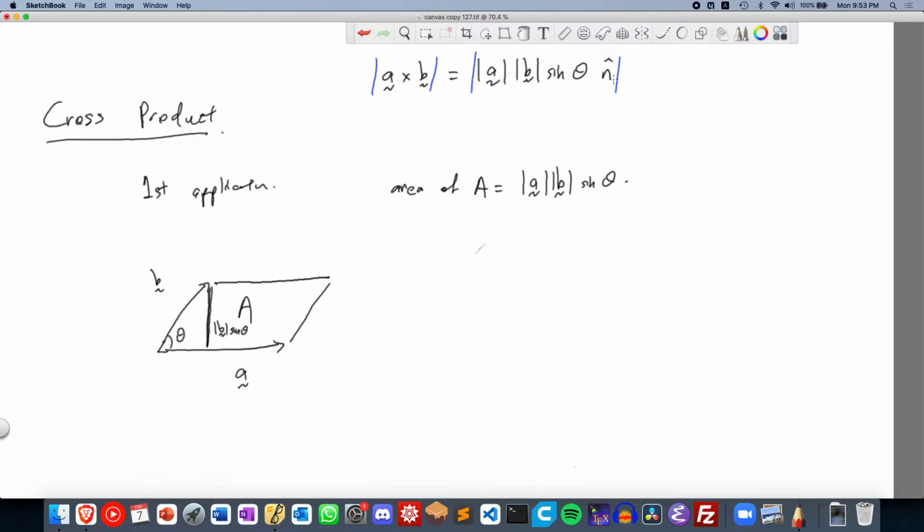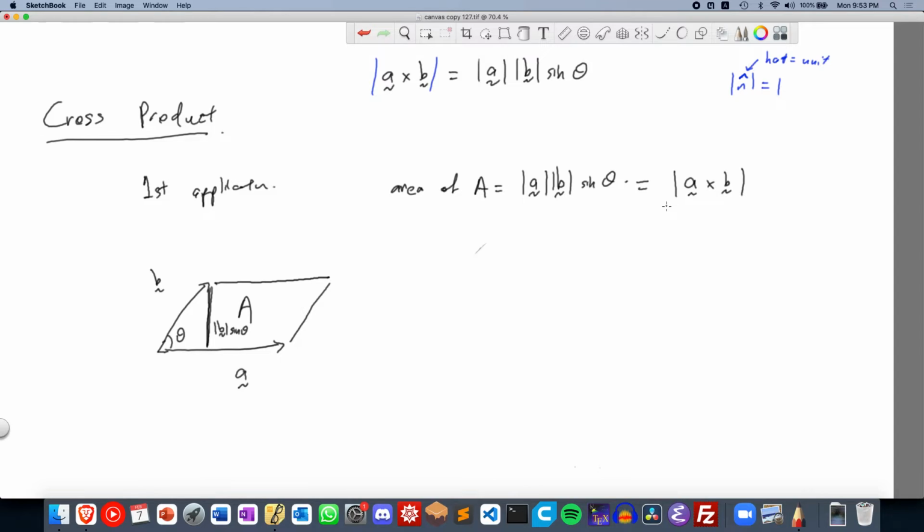The length of n hat is just 1 because it's a unit vector, denoted by the hat. And so the right hand side is just going to be AB sine theta, and that is precisely the area of the parallelogram. Another way to express it is to write it as the magnitude of A cross B.